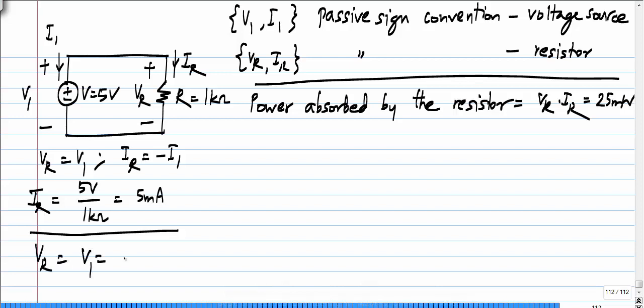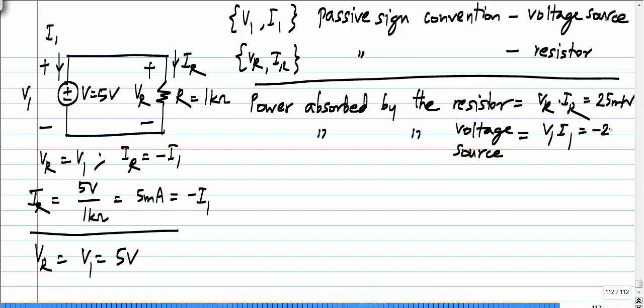V R, which is V 1, is 5 volts and I R is 5 milliamps, and that is also equal to minus I 1. And the power absorbed by the voltage source equals V 1 I 1, which is minus 25 milliwatts. So, this means that the power absorbed by the voltage source is negative. In other words, it is delivering power.